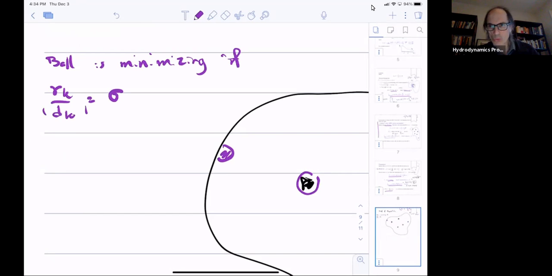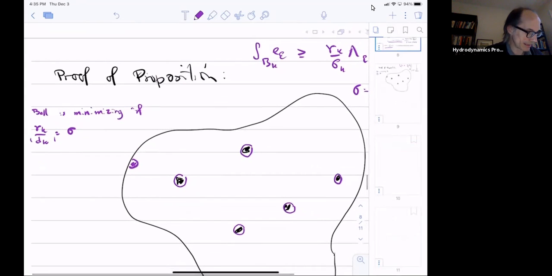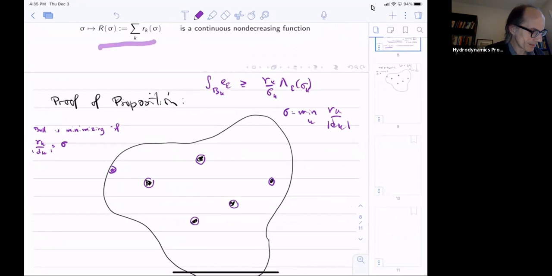These definitions I'll make initially for sigma naught, but then I can do the same thing for any value of sigma. If that's not true, if R_k over D_k is bigger than sigma, well then my lower bound has extra energy, and so I have a ball that's too big. That's okay.